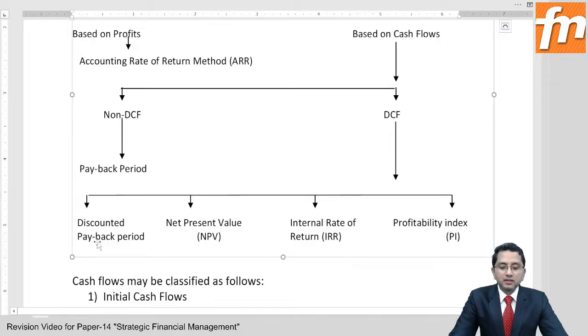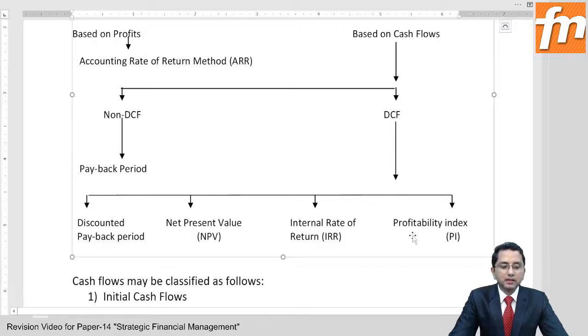One of those methods is the discounted payback period method, which I can say is a modified and better version of the payback period method. Then the most popular method of evaluation is the net present value method. Then, a method which requires some effort and labor while making calculations is the internal rate of return method, known as IRR.